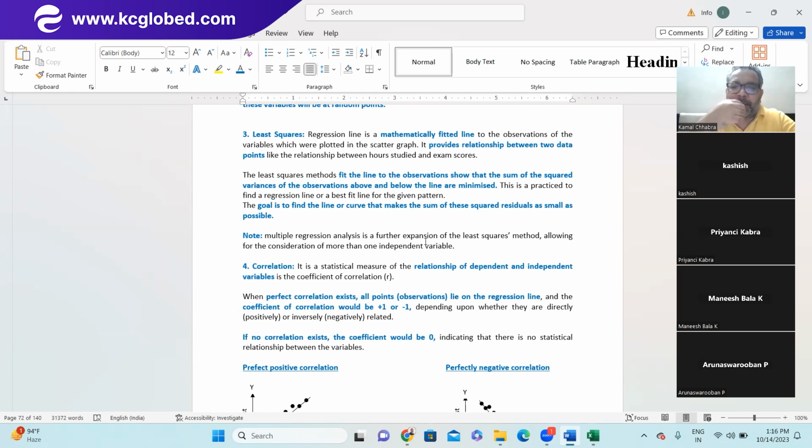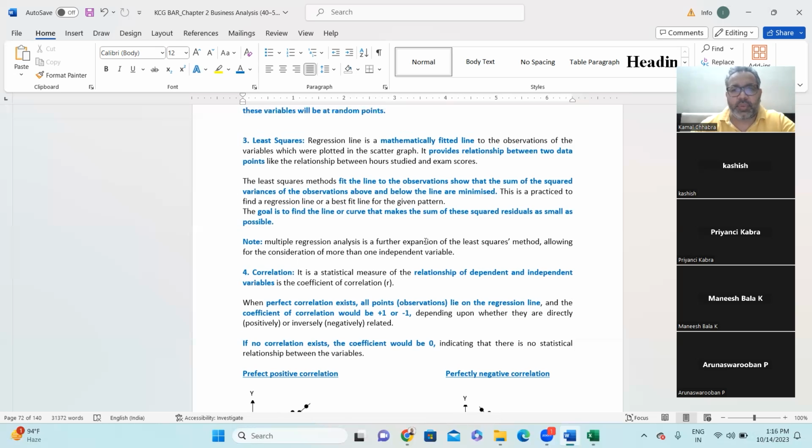This is a practice to find the regression line or best fit line for a given pattern. The goal is to find the line or a curve that makes the sum of the squared residuals as small as possible. Multiple regression analysis is a further extension of the least square method, allowing for the consideration of more than one independent variable.